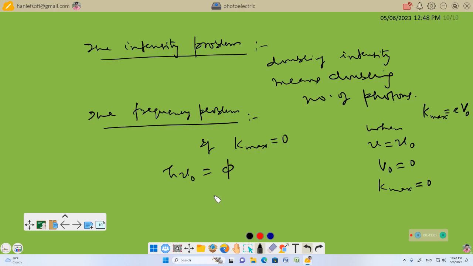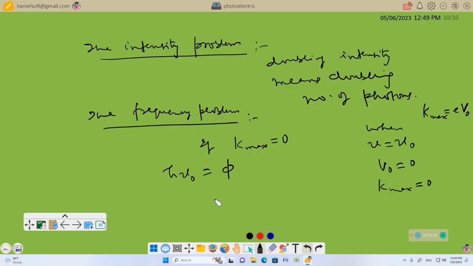And if nu is less than nu naught, then h nu will be smaller than phi, and the individual photons, no matter how many of them there are, no matter how intense the illumination, will not have enough energy to eject photoelectrons. Understand this point, I repeat, when nu is equal to nu naught, the photon has just enough energy to eject the photoelectrons and no extra energy to appear as kinetic energy.